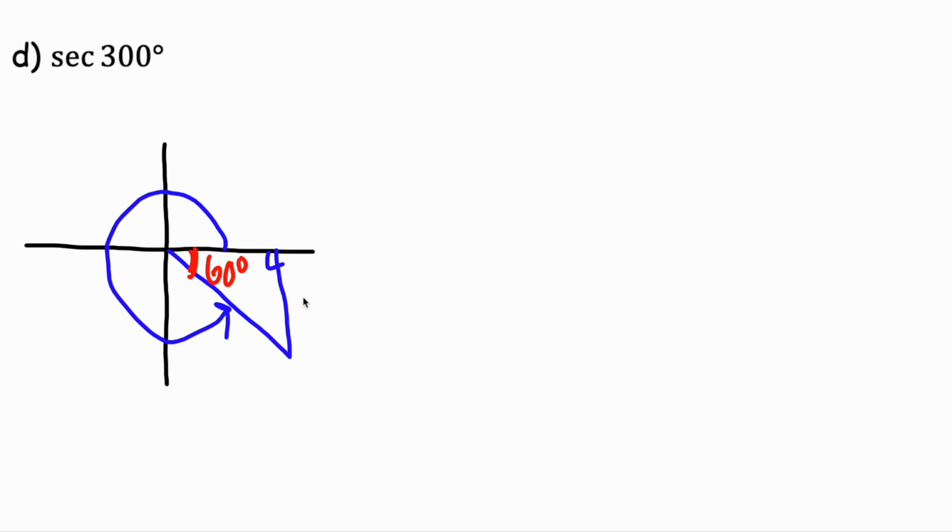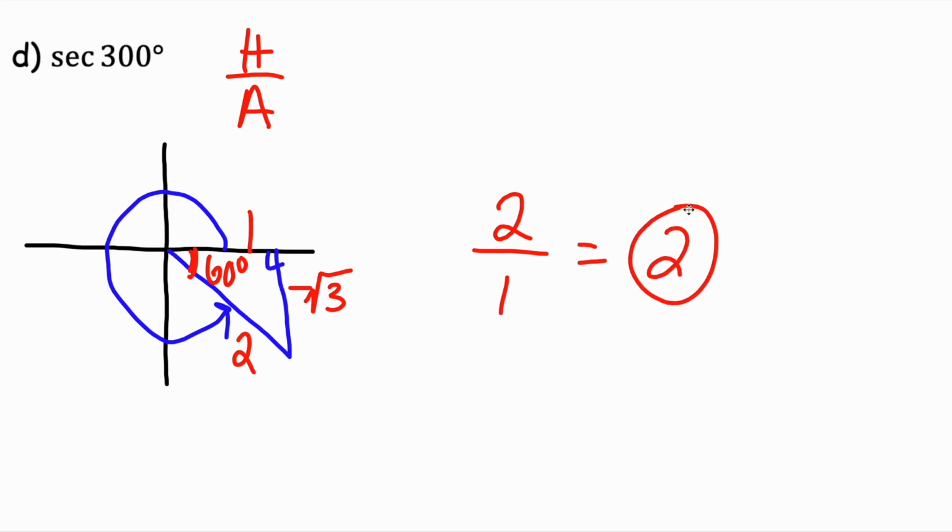Opposite of 60 is square root of 3. But again, because it's going down, it's negative. Adjacent is 1. That's going to the right, so it's positive. And the hypotenuse is 2. The ratio for secant is the reciprocal of cosine, so hypotenuse over adjacent. So hypotenuse is 2. Adjacent is 1. My answer is 2. Positive 2.